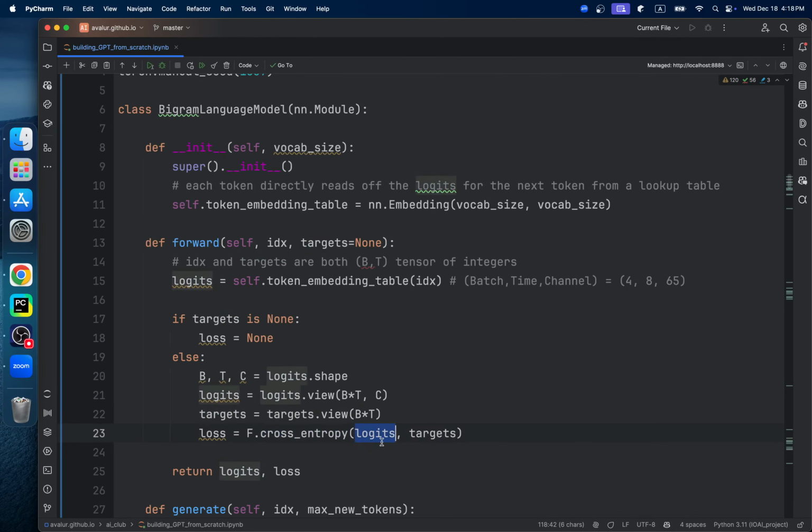It means that the logits inside cross entropy will be normalized. The function inside cross entropy is firstly softmax. It gives us probabilities of the next tokens, and we have targets, which means simply ground truth answers.